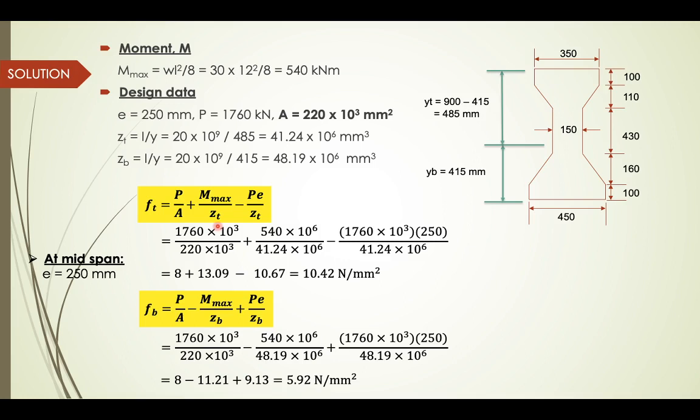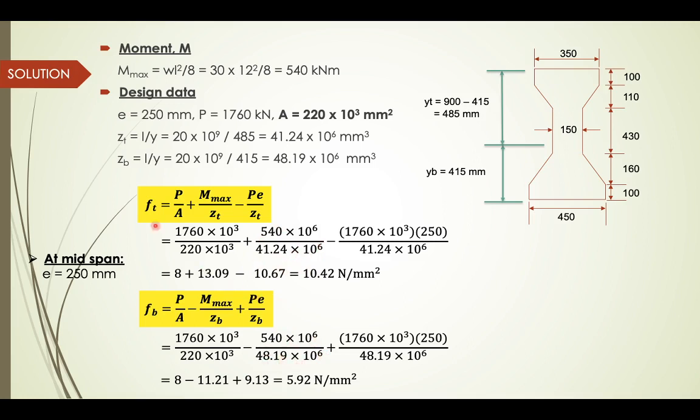If it is a rectangular section, the centroid sits right in the middle of the beam, so we are going to have similar values of Z. But as for this question, since we have different values of Y, where the centroid is not right in the middle of the beam, the Z value will be different. So we can see here we have 41.24 and also 48.19.